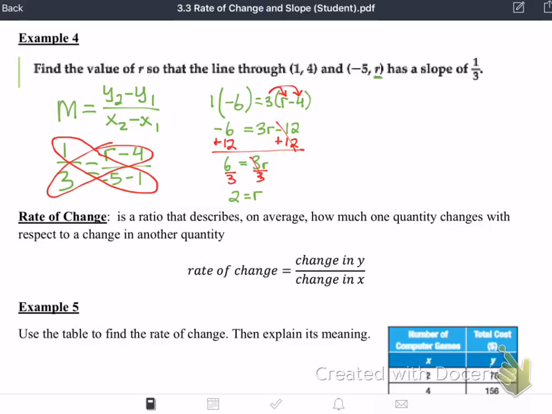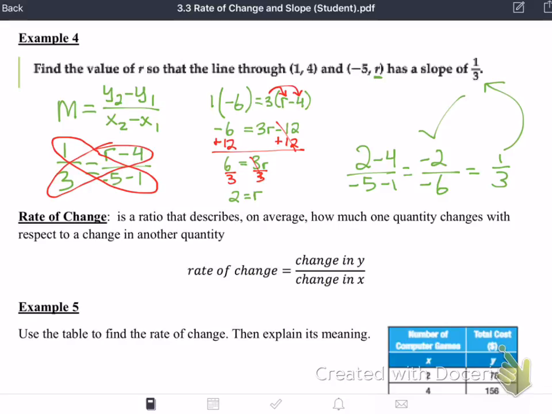After I evaluated it, I distributed, added 12 on both sides, divided by 3 on both sides. I got r is equal to 2. So my missing number is equal to 2. If you want to check that, you can. You could go back and plug in 2 minus 4 over -5 minus 1, and that gives me -2 over -6, which reduces down to 1/3.